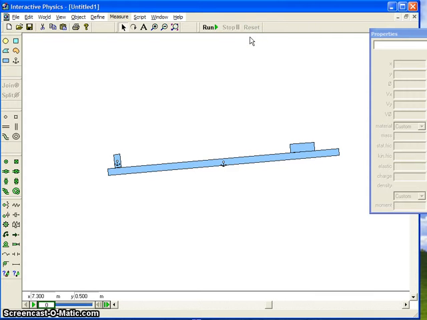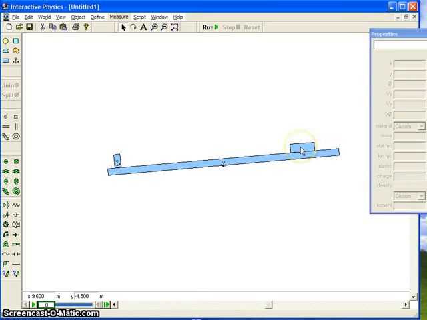Also, you have to write that we measured the length of the space, and also we measured the height of the object at the beginning, using the meter. Also, you have to write that we measured the mass of the object.